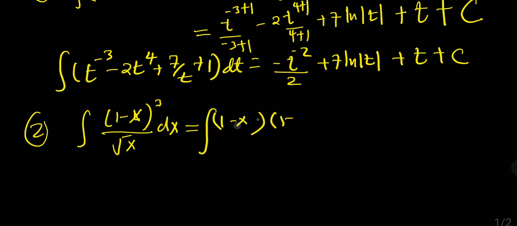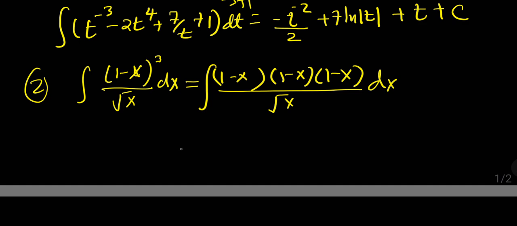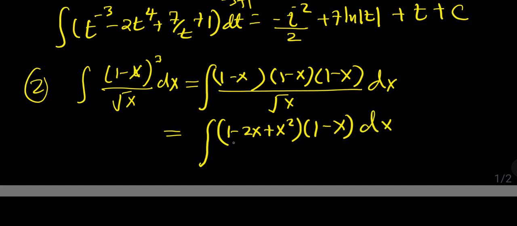It is 1 minus x times 1 minus x times 1 minus x, over square root of x dx. Our task is to simplify the integrand so that you have each term alone. So expand there, you have 1 minus 2x plus x square times 1 minus x.